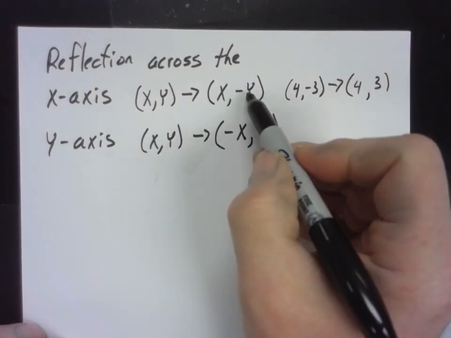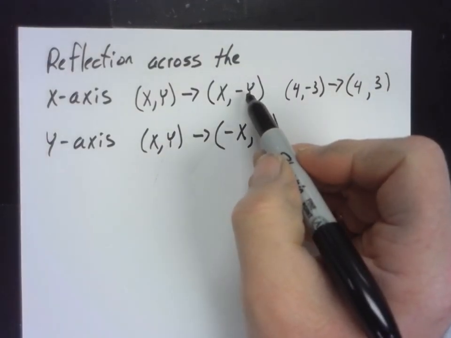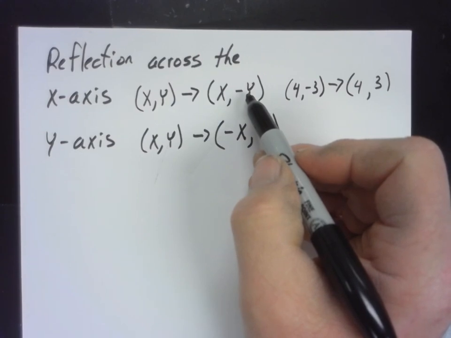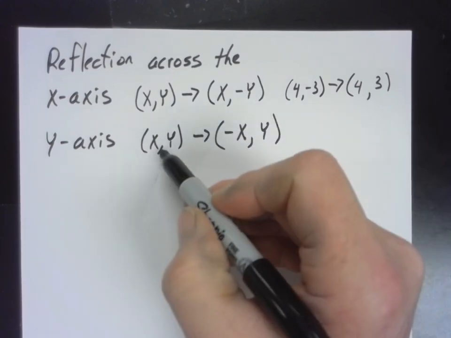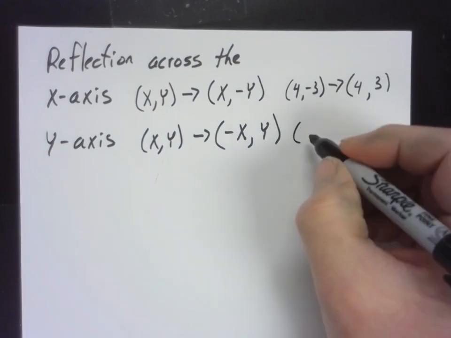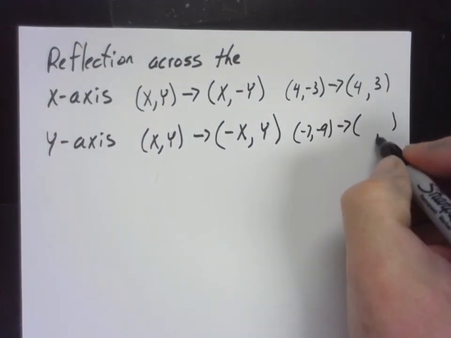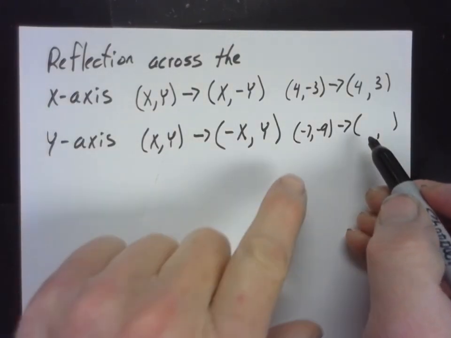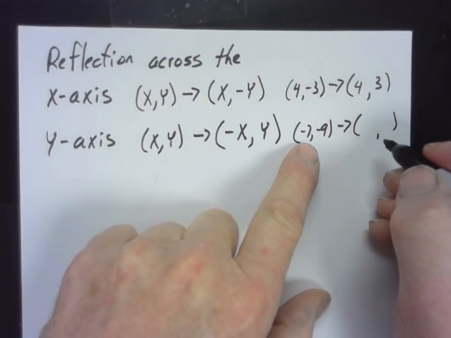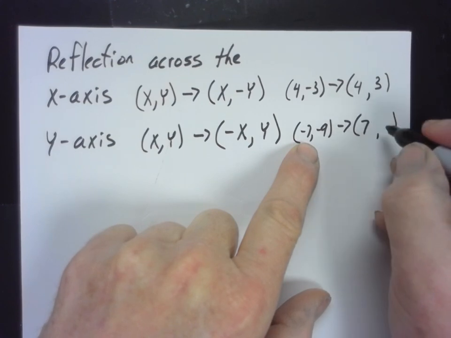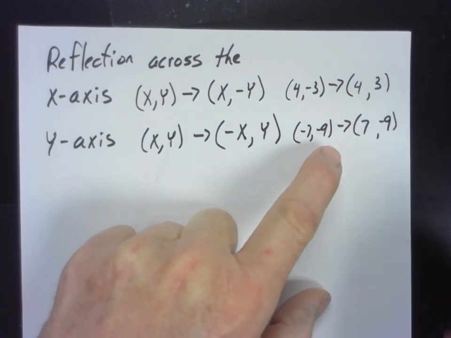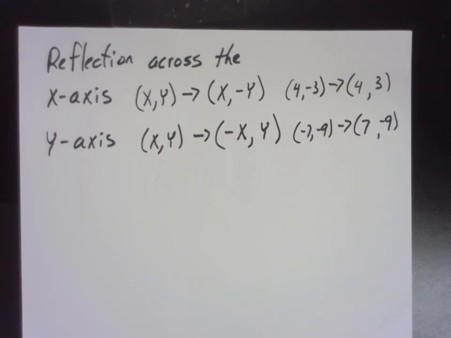So this says the opposite of y, the opposite of whatever y is. It doesn't say it's a negative number. Same thing here. If we had a point like (-7, -9), and we reflected across the y-axis, it would be the opposite of whatever x is. So it would be (+7, -9). So there you go. There's a general rule for reflecting across an axis.